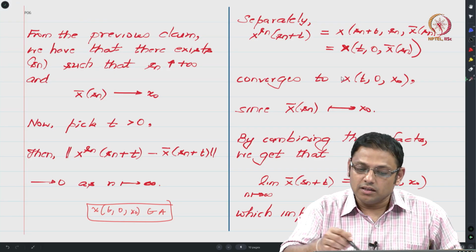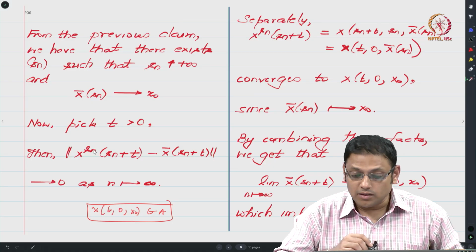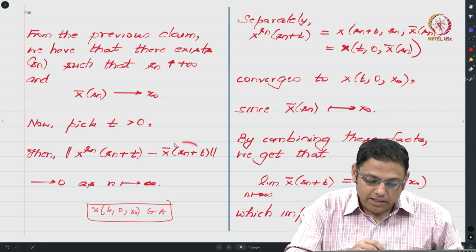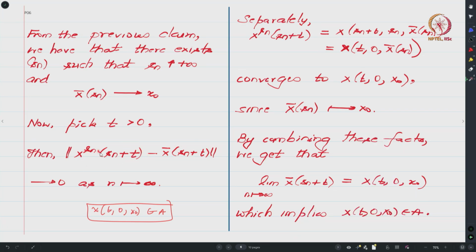By combining this fact and this fact, one can conclude that your limit of x bar Sn plus t, this is close to this, and this as Sn becomes larger and larger becomes close to this. So, those two facts can be combined to conclude that the limit of this actually equals this expression over here, right.